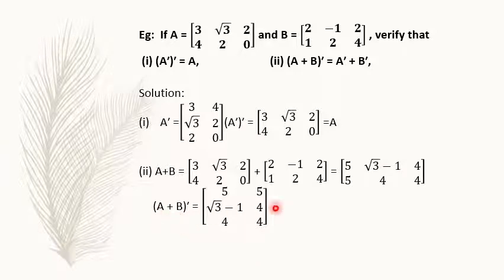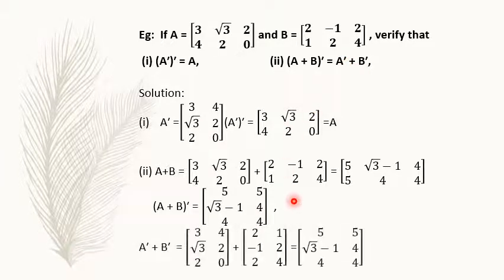Now taking the transpose of this A plus B. (A plus B) transpose: first row becomes first column: 5, root 3 minus 1, 4. Second row becomes second column: 5, 4, 4. So this is the transpose of A plus B. Now we need to find A transpose plus B transpose.